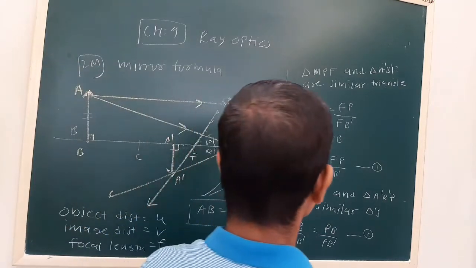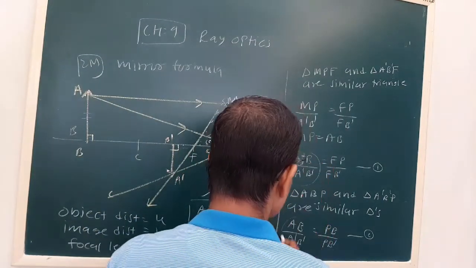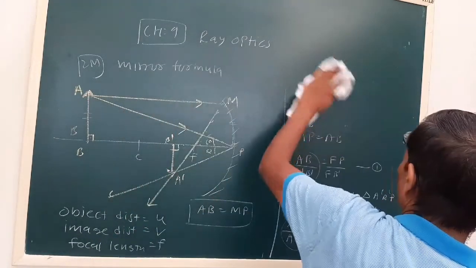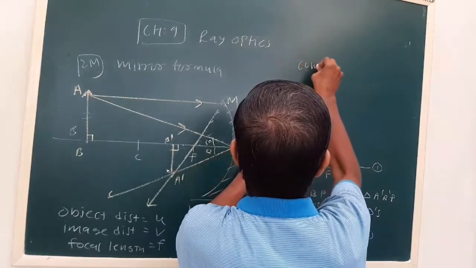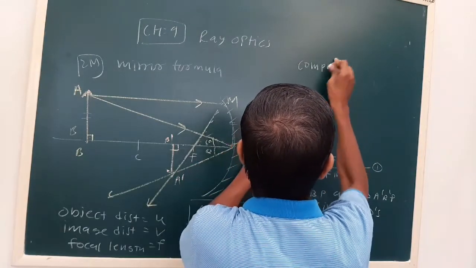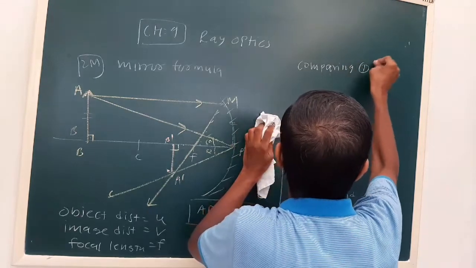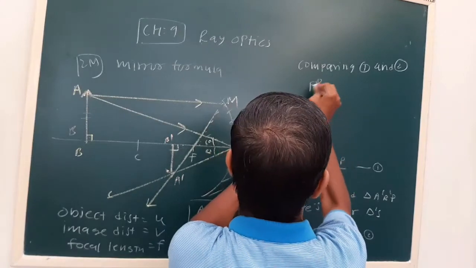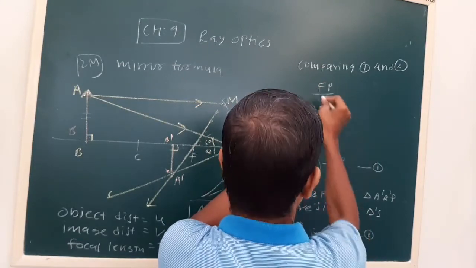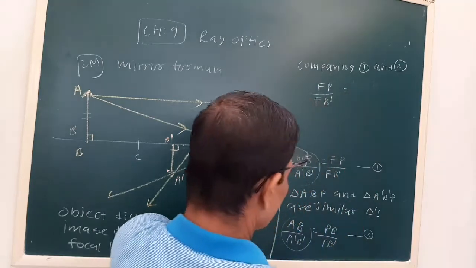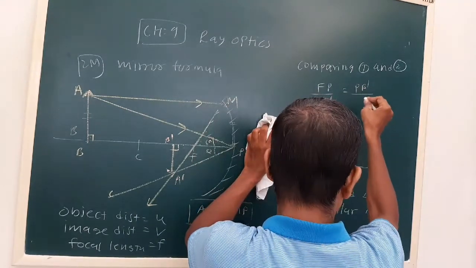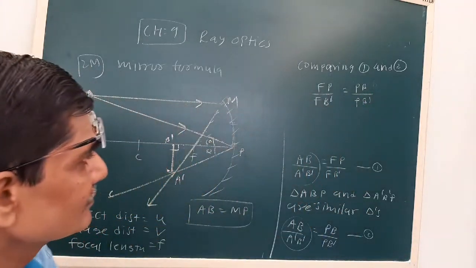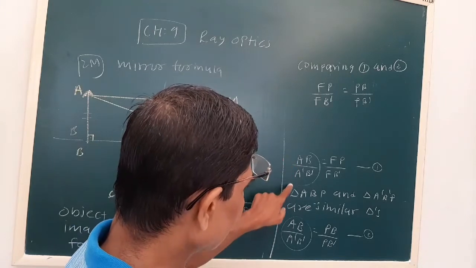Now if I compare this equation, the left hand side is equal. So if I compare equation 1 and 2, that is FP upon FB' equal to PB upon PB'.